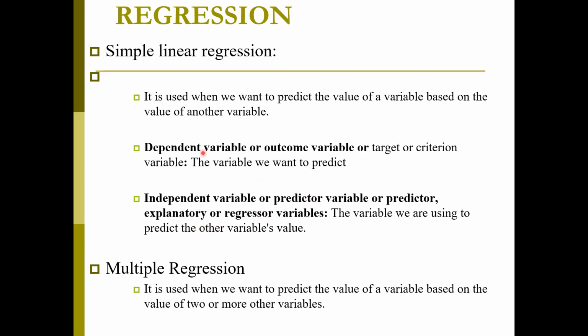If you are focusing on one dependent and one independent variable, then you have a simple linear regression. But if you are focusing on one dependent variable and two or more independent variables, then we have what we call a multiple linear regression.